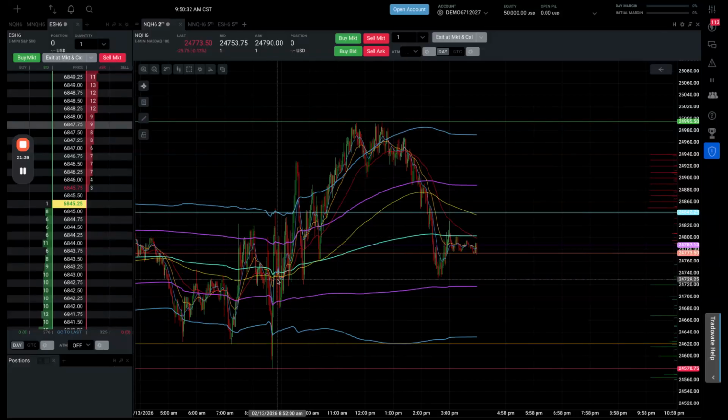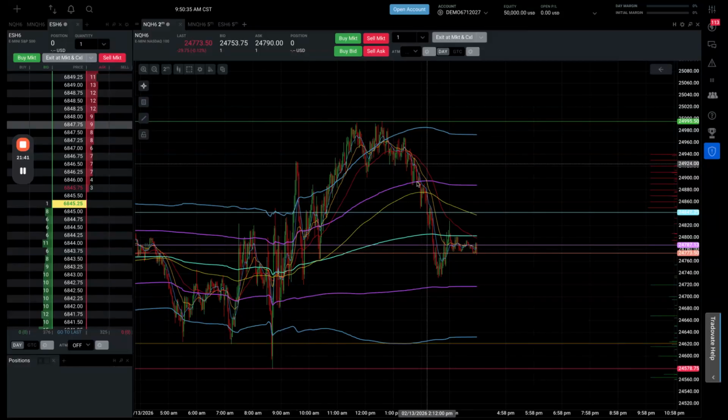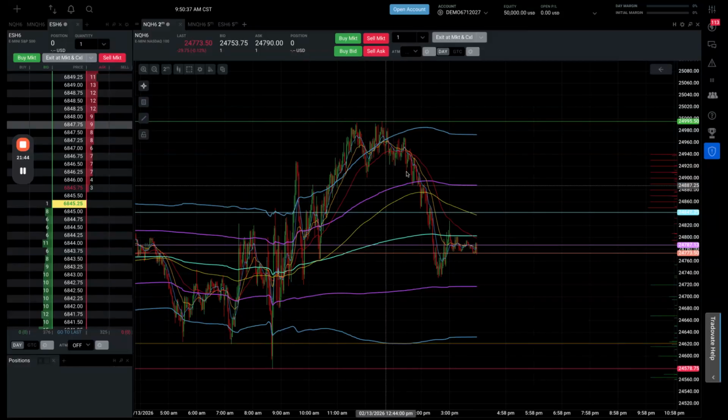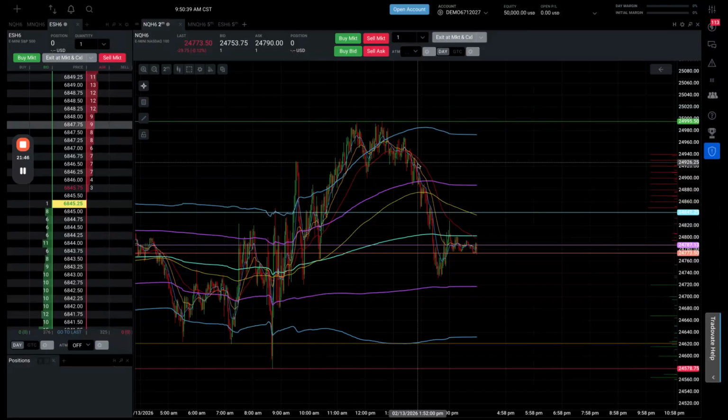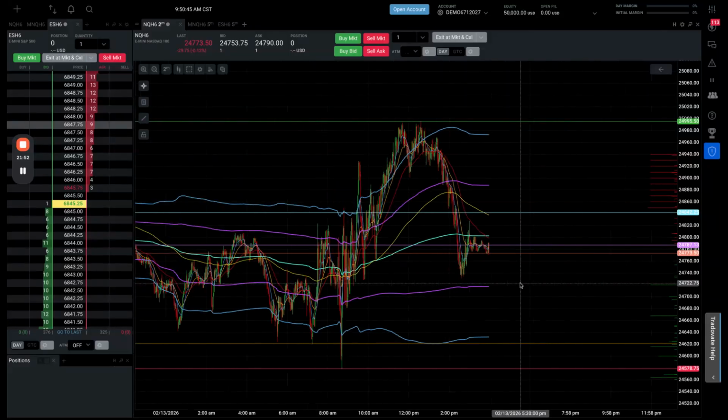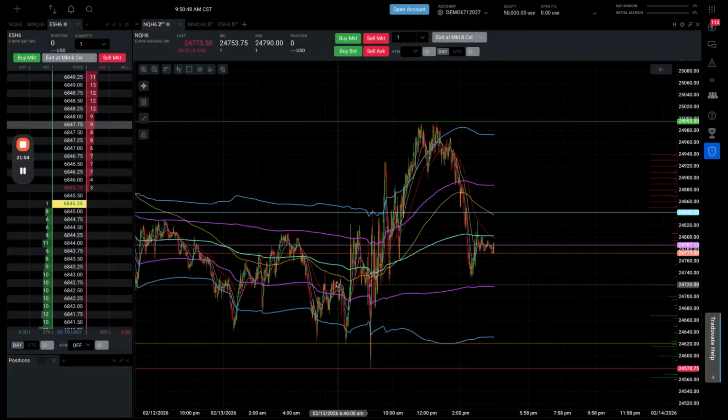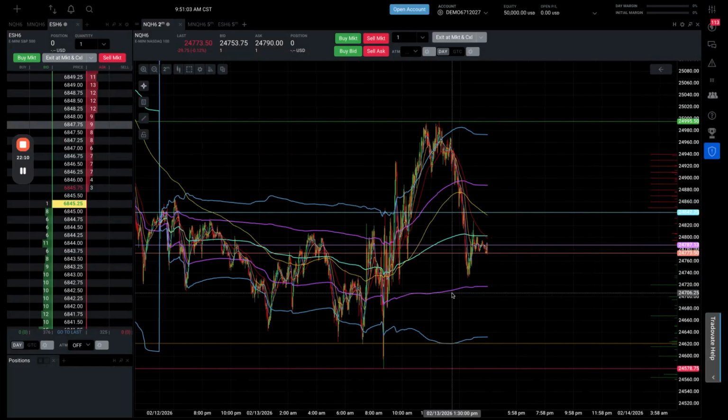If you're above the middle VWAP and you're above the 200, you go up. If you're below the 200 and below the middle VWAP, you go down. Simple as that. If the yellow line is underneath the middle VWAP and it crosses over the middle VWAP, that's a good indication the trend is changing upward.